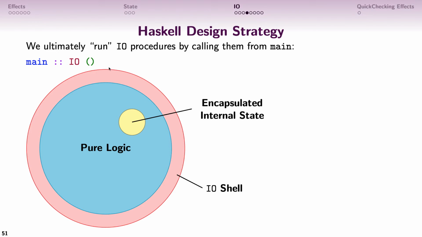So the overall architecture of a Haskell program is this IO shell, which includes the main function, and then almost all of the logic for that program is in pure functions inside of that, all the programming we've been doing up until this point. And then sometimes we'll have things like that state monad that I showed you earlier, which encapsulates some internal state, so we can still encode these kinds of mutable algorithms.